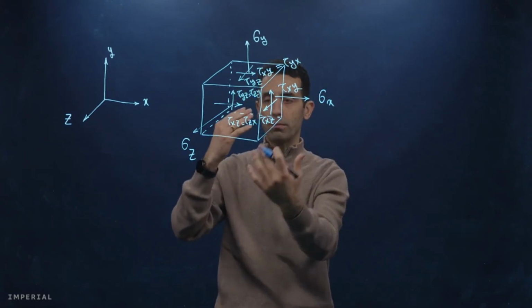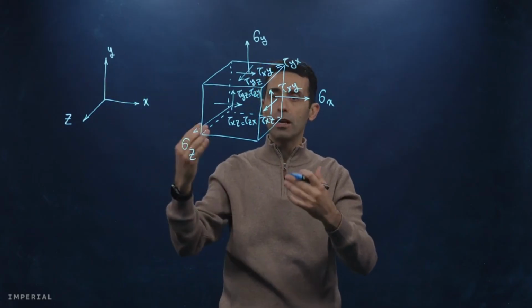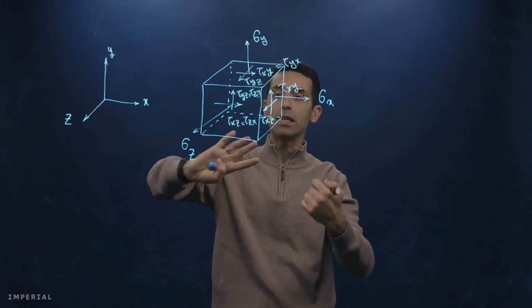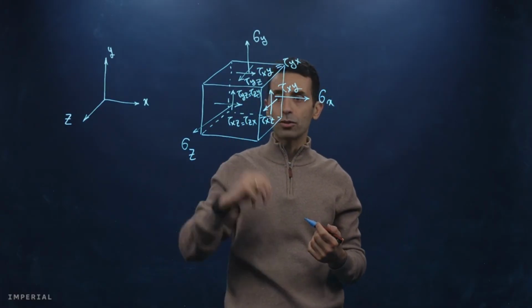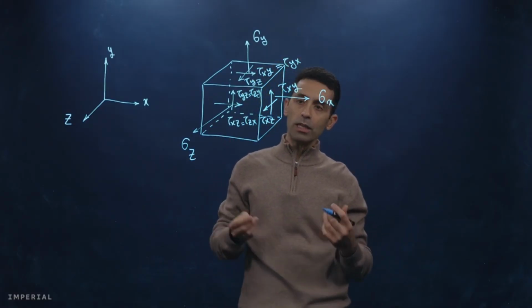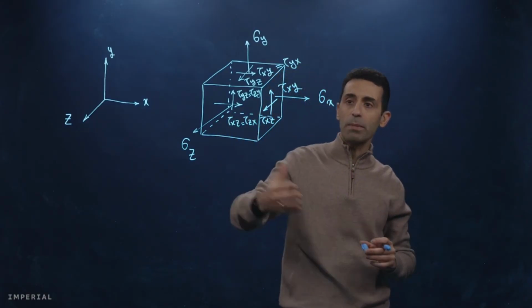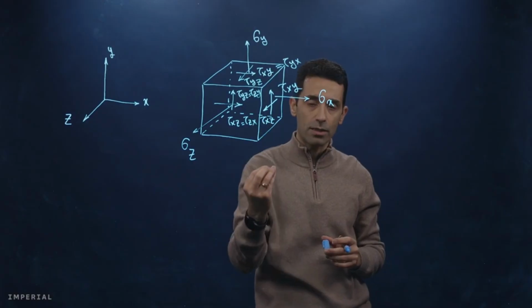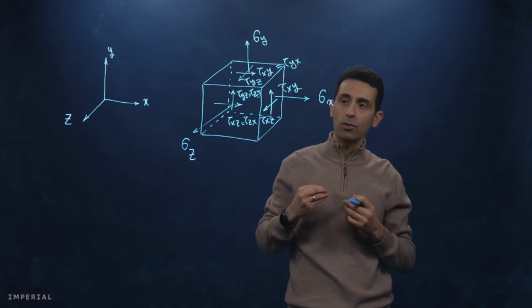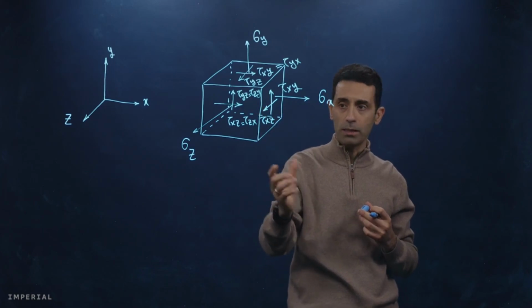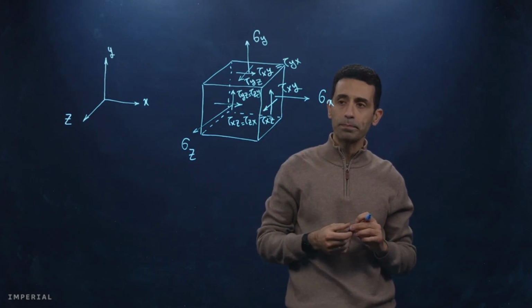So on the back, bottom, and on the other side, we have stresses that are balancing the ones that you saw on these three faces. So essentially, all put together, you have 9 components of stress, and only 6 of them are independent due to equilibrium.